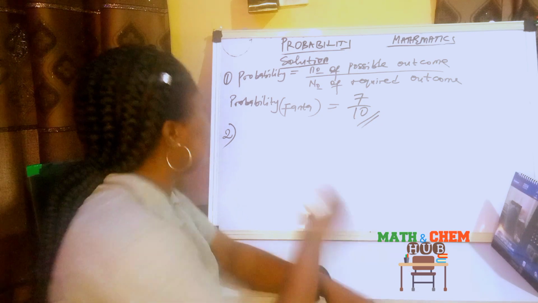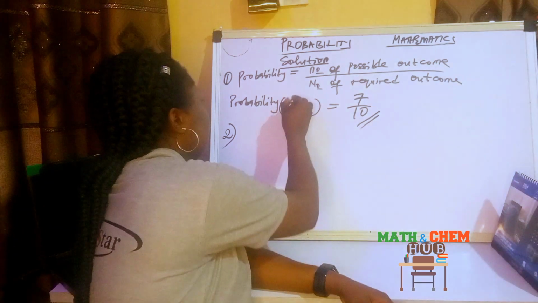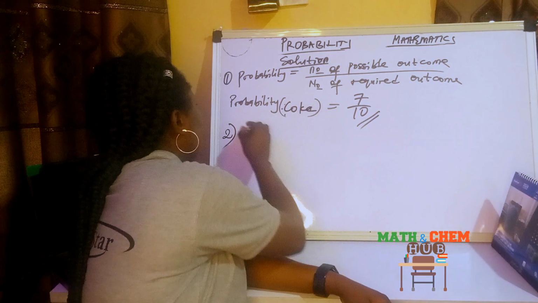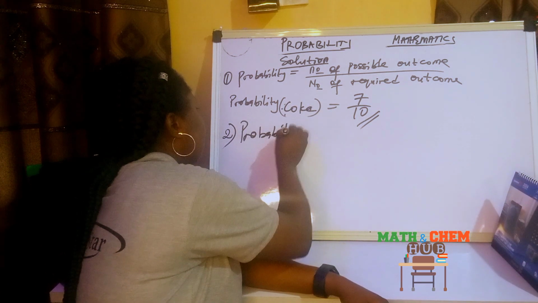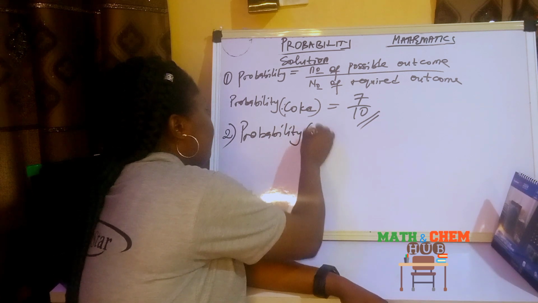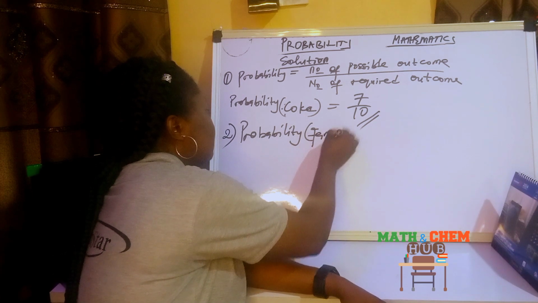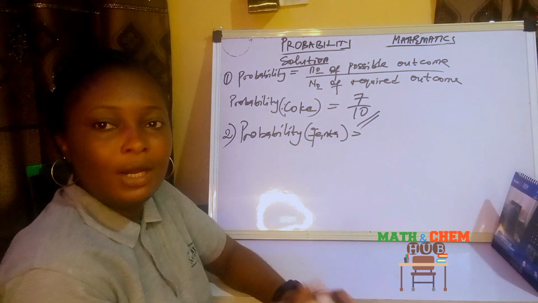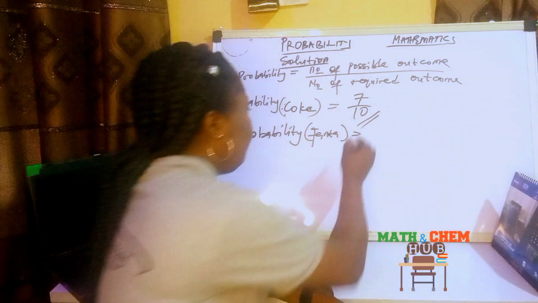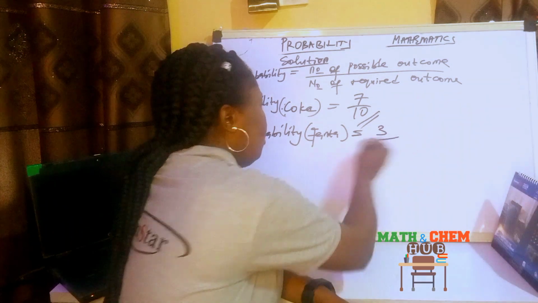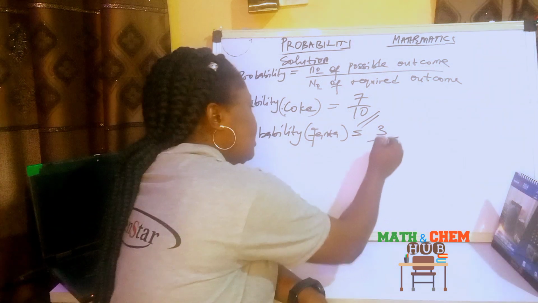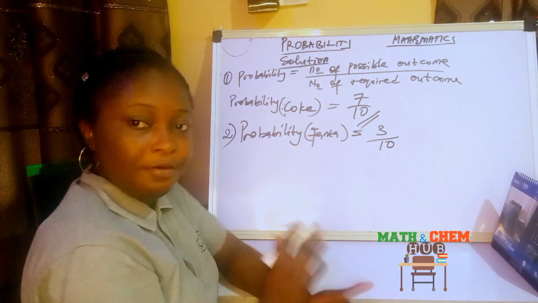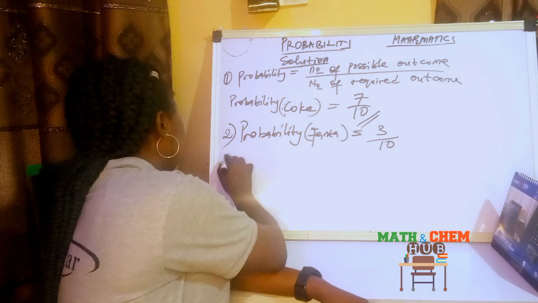So the probability of Fanta will be equal to 3 all over the total number of students, which is 10. Very simple.